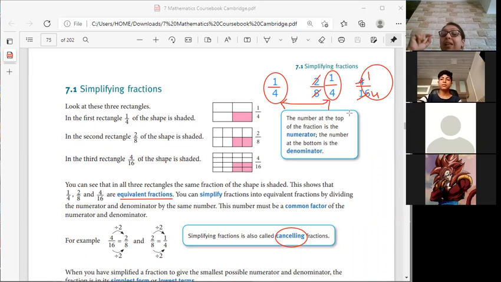The numerator and the denominator should go in the same table. Then only I can cancel it. Now 1 and 4 will not go in the same table. It will go in the ones table only. 1 ones are 1, 1 fours are 4. So I cannot further reduce it. That is why I left it as it is.